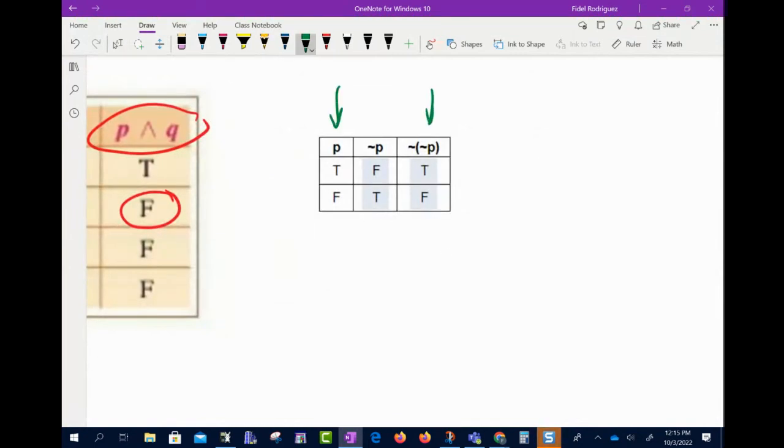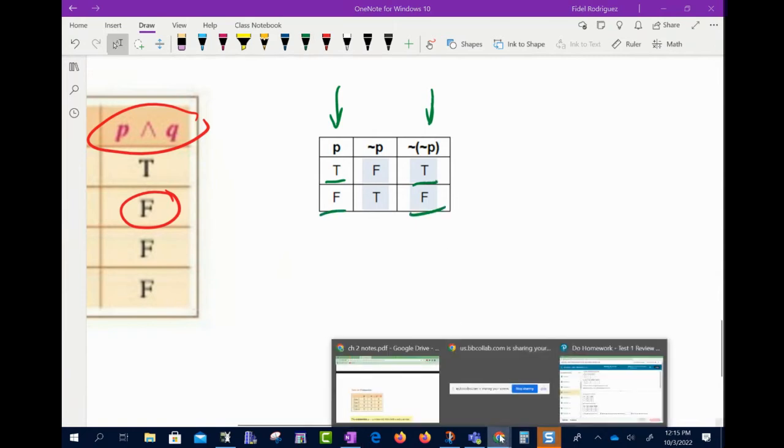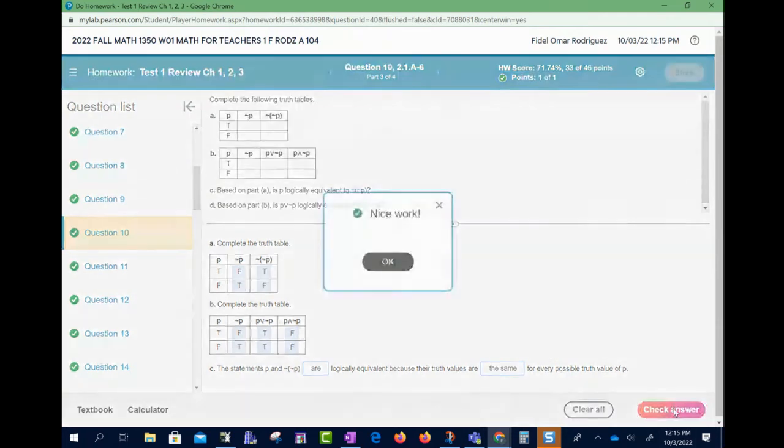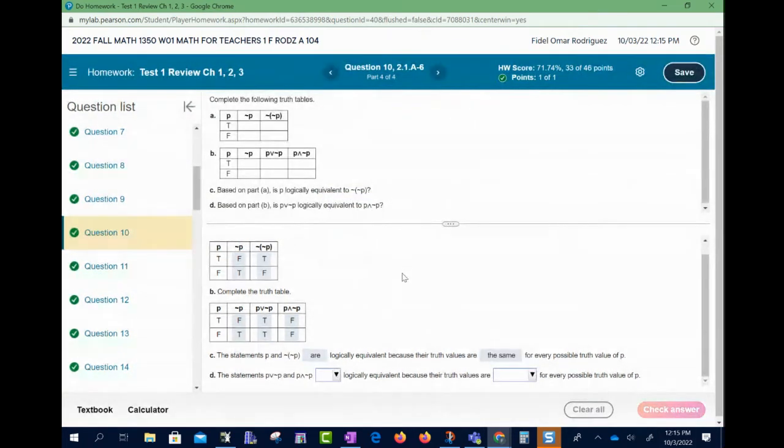Look at this one here and look at this one here. Do they have the same truth values? Yeah, they do, right? Since they have the same truth values, they are going to be logically equivalent because their truth values are what? The same, right? I'm going to go check. Okay, there we go.